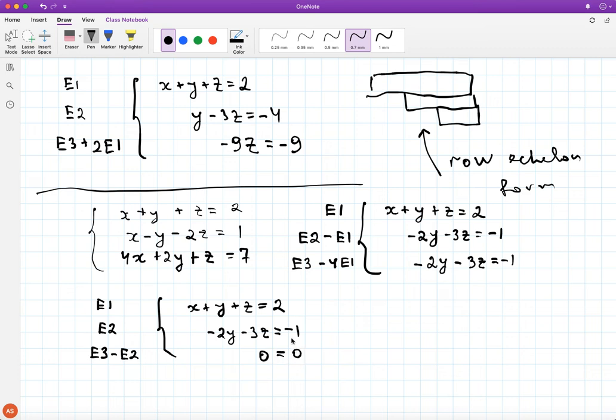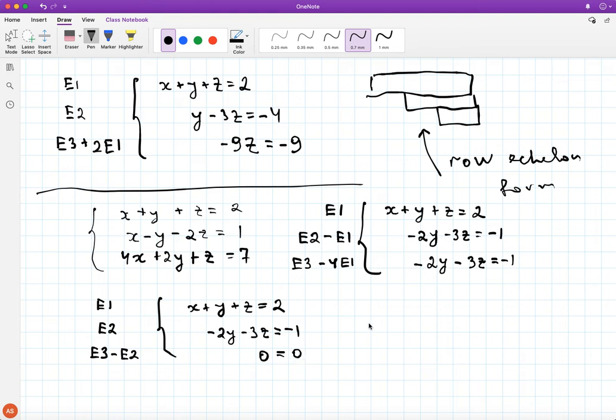The fact that our bottom equation became 0 equals 0 simply indicates that our third equation was exactly the same as the second equation at the previous step, and really there is no need to duplicate equations in the system, because if the second and third equations are the same and the second equation is satisfied, then the third equation is satisfied automatically. Now, the bottom equation is true regardless of what the x, y, and z values are.